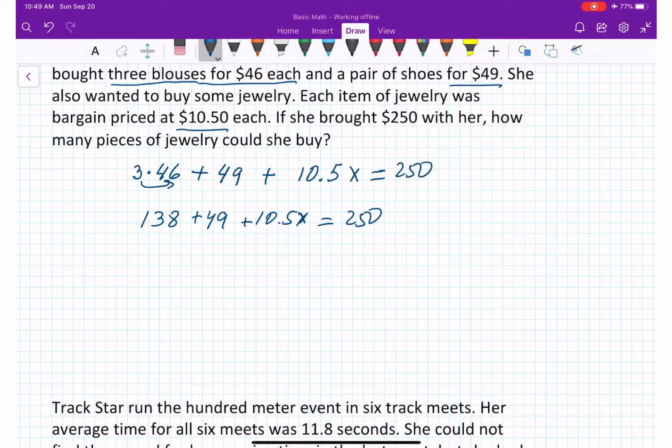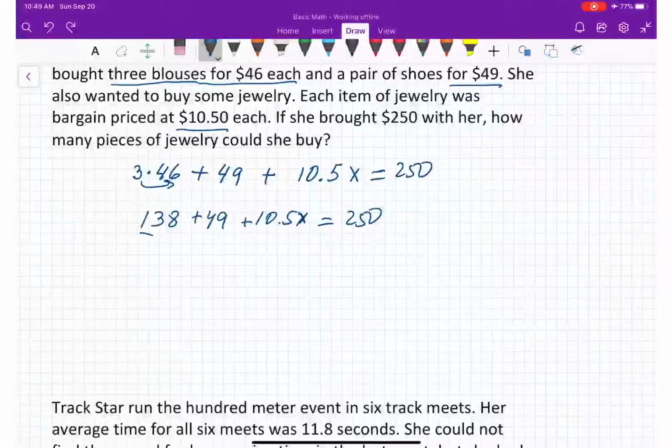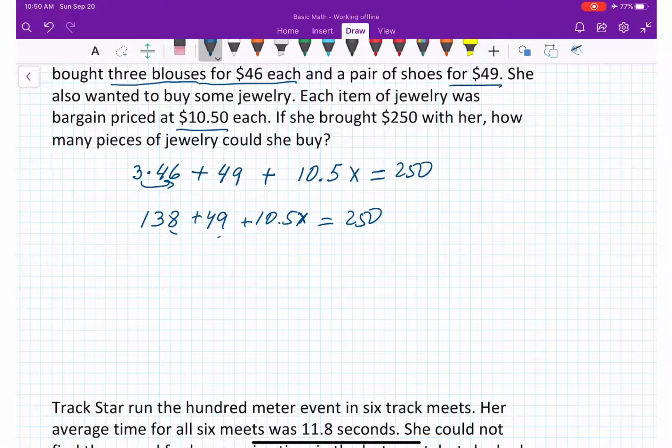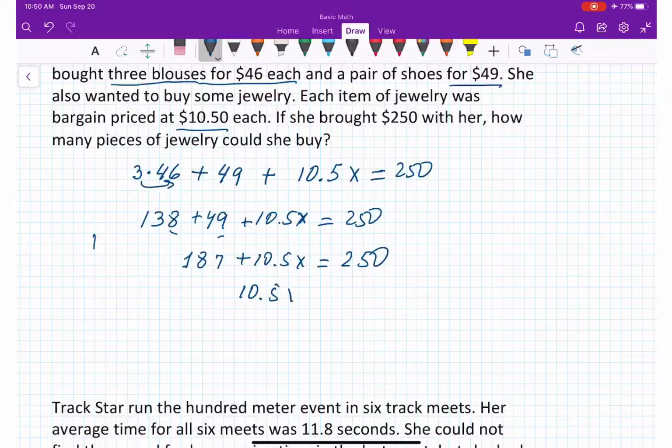Okay, so let's add 138 and 49. 8 plus 9 is 17, 1 in mind. 3 plus 4 is 7, and 1 is 8. And here is 187 plus 10.5x is equal to 250. Okay, 10.5x is equal to 250 minus 187.